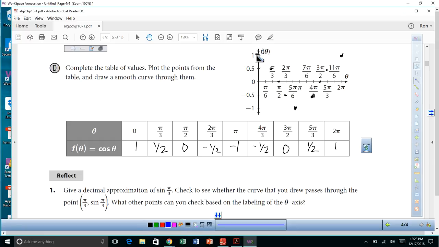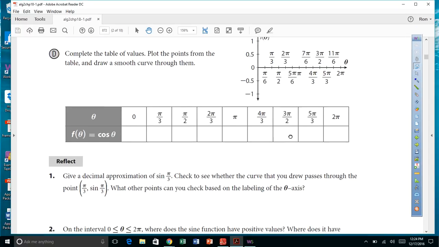So it's going to start here and go there. All right. Cool. So the sine was the first one, and the cosine was this one here.